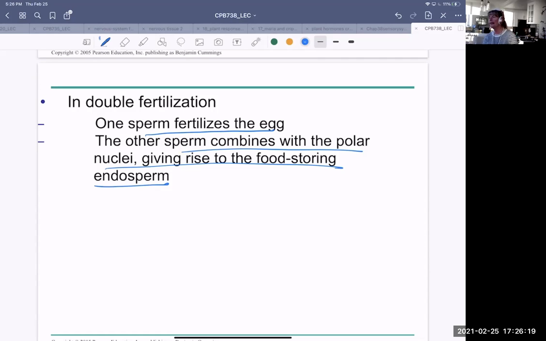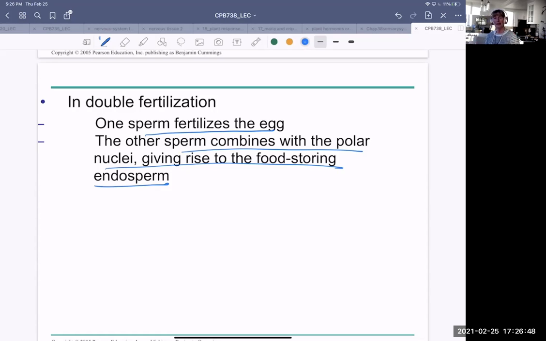So what's the point of double fertilization from an evolutionary perspective? What is the advantage? It appears the advantage would be that the endosperm will develop only in ovules where the egg has been fertilized. The endosperm of the flower is quite expensive to make.